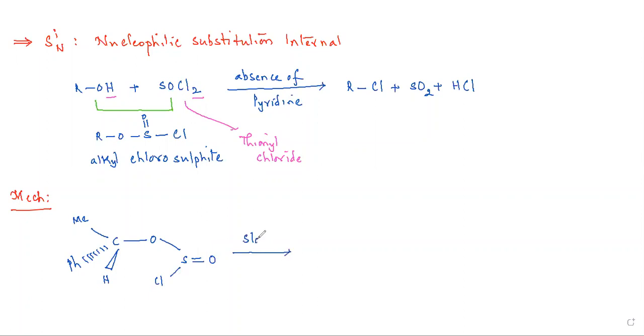Now, in the first step, which is the slow step or the rate determining step, this goes off.